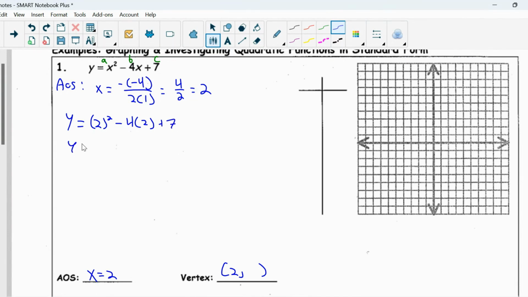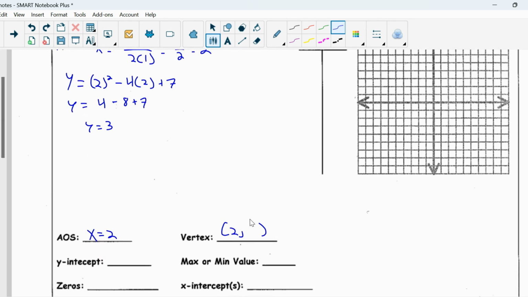Let's go ahead and simplify. 2 squared gives us 4. Negative 4 times 2 gives us negative 8 plus 7. We can simplify this as y equals 3. So when x is 2, y is 3. That right there is our vertex.